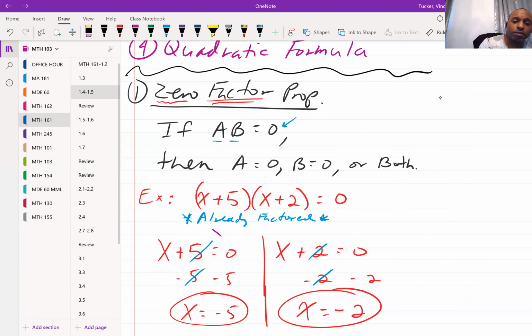So I have x plus 5 equal to 0 here. Subtract 5 from both sides. My solution is x equal to -5. Then I have x plus 2 set equal to 0 here. Subtract 2 from both sides, excuse me. X is equal to -2, so I have my 2 solutions. But the key is that we have to factor our expression as much as possible.